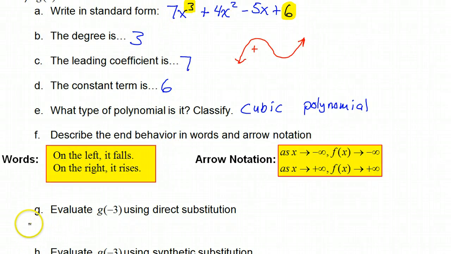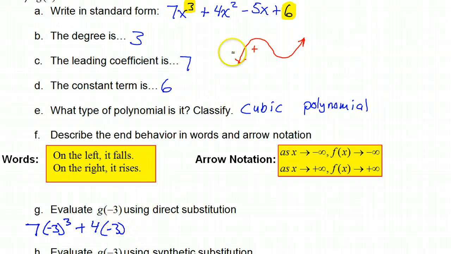So direct substitution would look like this: 7x to the third power, so 7 times negative 3 to the third power, plus 4 times negative 3 squared, minus 5x, so minus 5 times negative 3, plus 6. Okay, this is direct substitution.